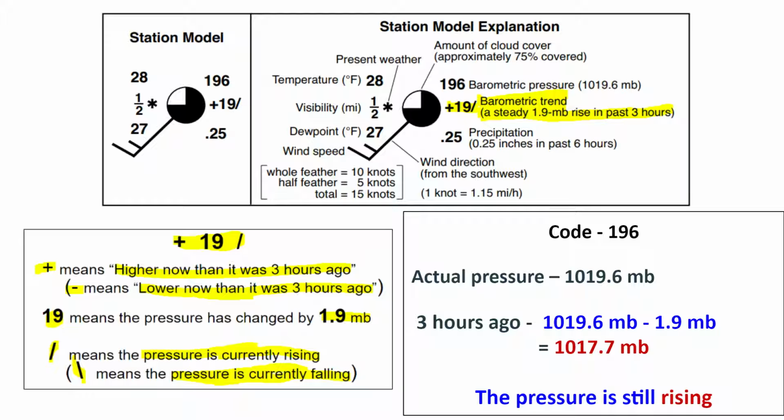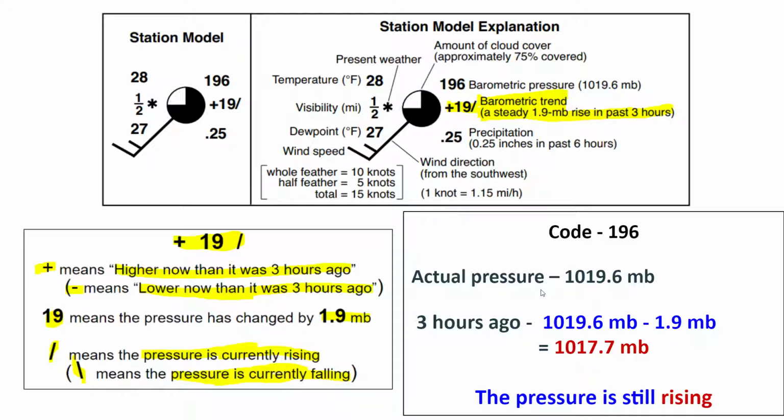Now, say I wanted to know, okay, if the pressure right now is this, what was the pressure 3 hours ago then? Well, the actual pressure right now, according to this, is 1019.6 millibars. 3 hours ago, since I have a plus sign, this means that this pressure is higher now than it was 3 hours ago. That means 3 hours ago the pressure was lower. How much lower? 1.9 millibars lower.